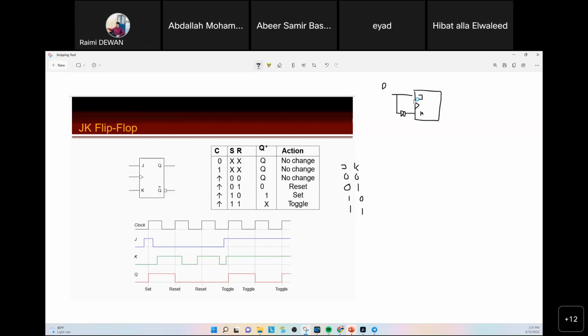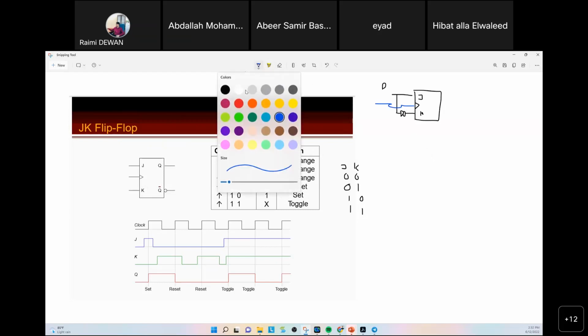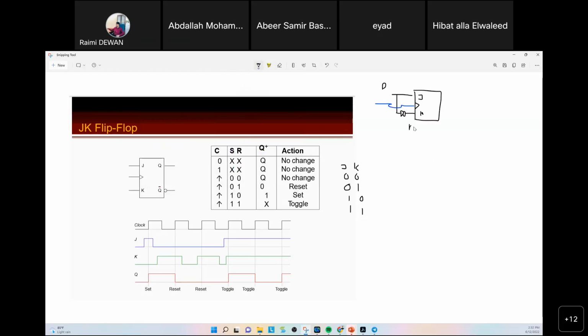Of course this one is the clock, so I use a different color. So this is your D flip-flop.